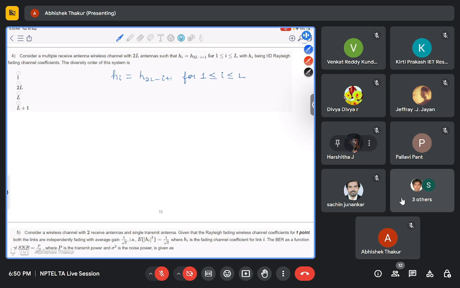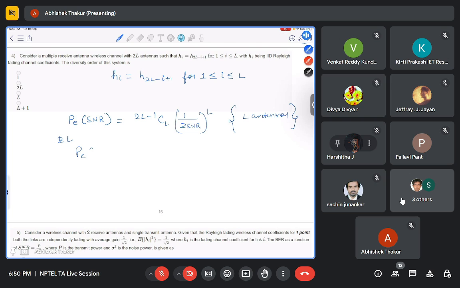So we all know that probability of error will become 2L minus 1. So this is the probability of error for the L antenna system. So here 2L antenna system is there.